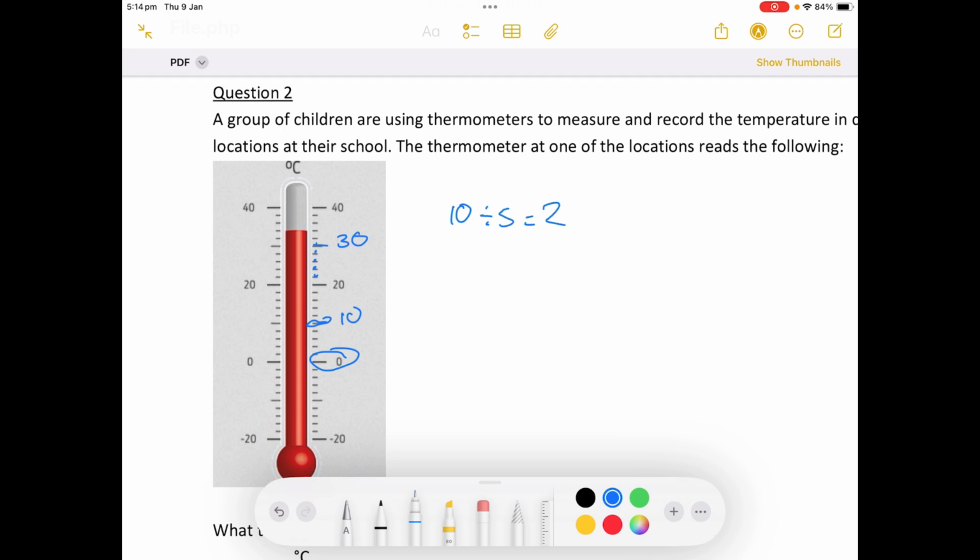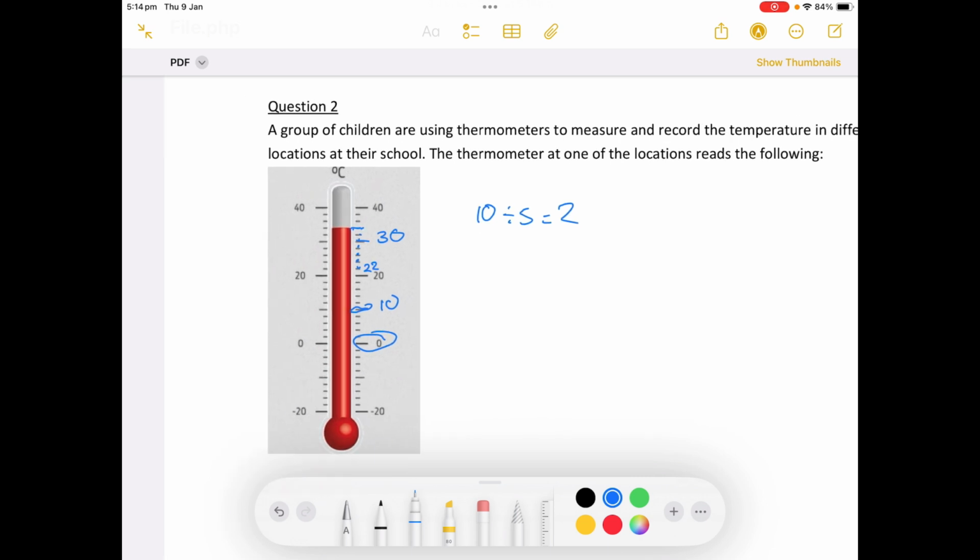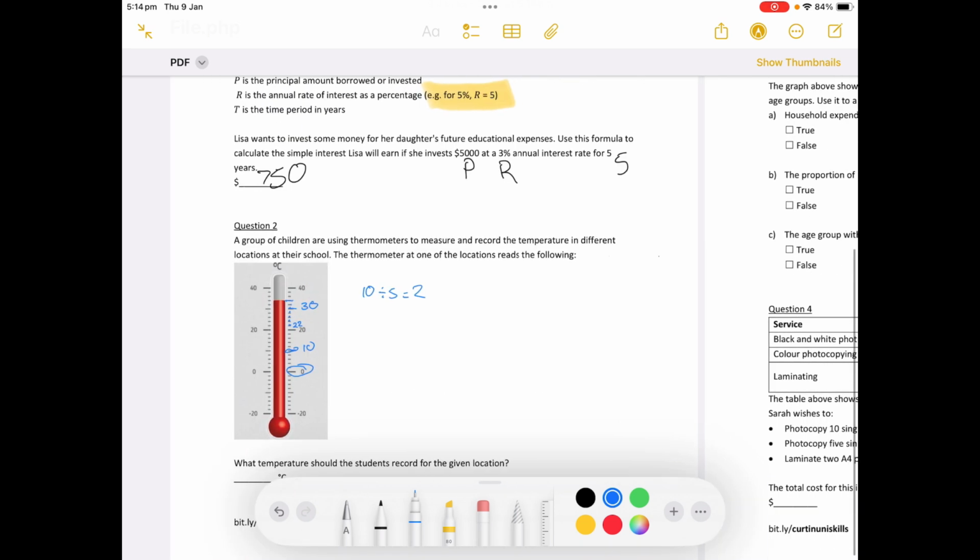So each little jump is going to be 2. So for example, that's 22. Alright, so from 30 to get to my red line, my temperature finishes here. So I'm going 32, 34 degrees. So the temperature at this location is going to be 34 degrees.